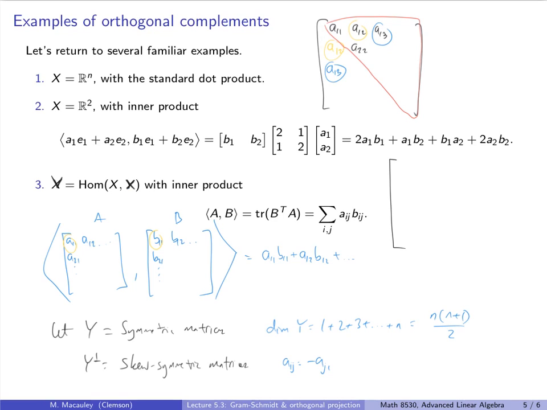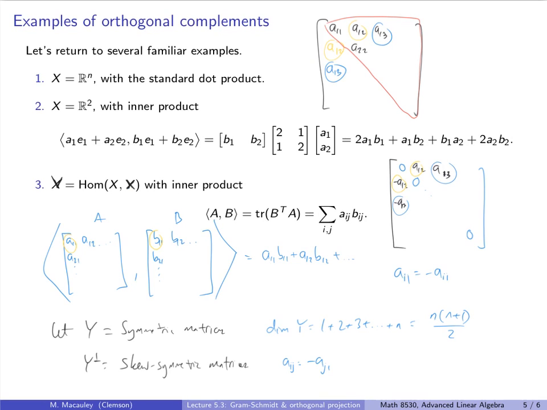So that's going to force all of these terms on the diagonal to be 0, because Aii equals negative Aii. And now if we have A12, this has to be negative A21. Sorry, A13. This has to be negative A31. So in other words, these have to be the same. These have to be the same, etc.